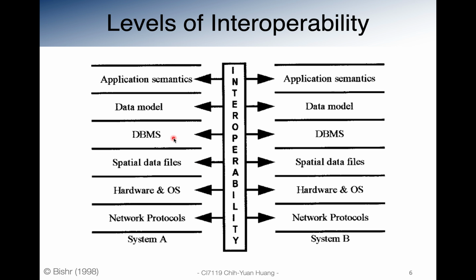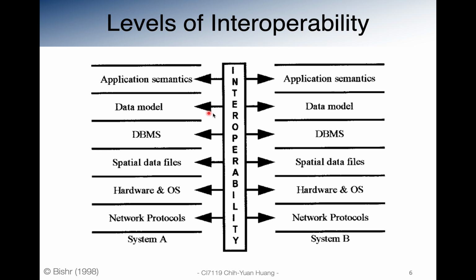And then the database management system. For example, these two database management systems could be using the same DBMS. Then they can directly connect with each other by having, for example, the connector supported by that DBMS. So that could be this level of interoperability.